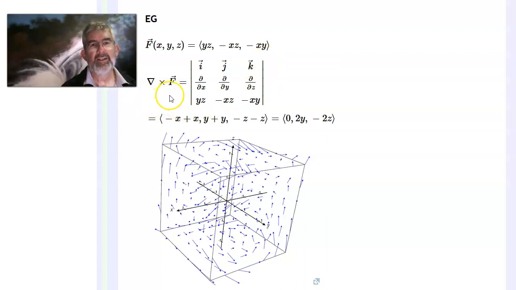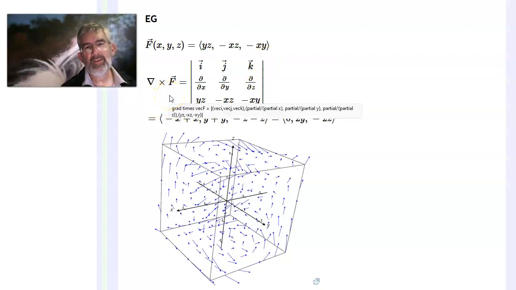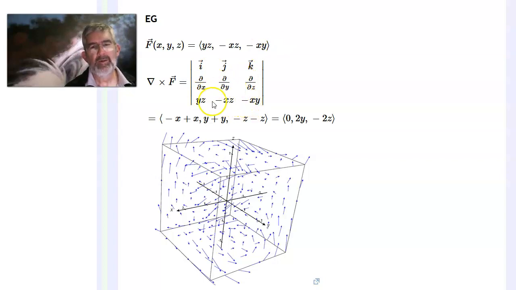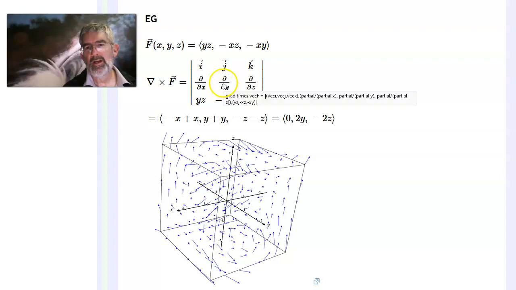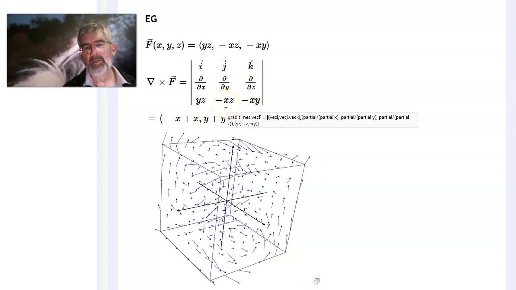To take the curl of this, I'm going to set it up like a determinant. The first component is the partial of minus xy with respect to y, which is minus x right there. Then I subtract the partial of minus xz with respect to z. So I'm subtracting another negative x, which ends up adding the x, so that turns into a 0.